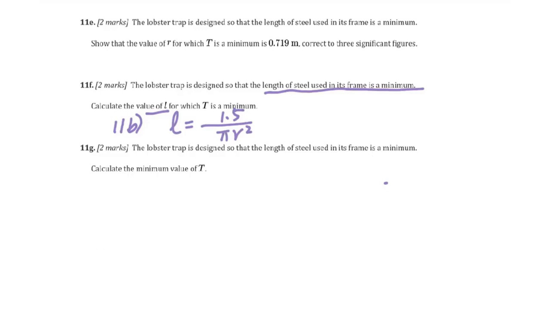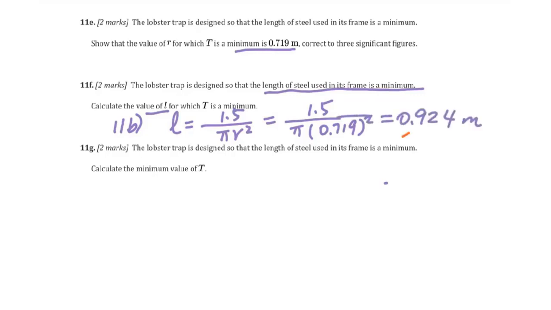We already got from 11E r equals 0.719. So we plug in 1.5 over pi times 0.719 squared. You will get, answer will be 0.924 meters.